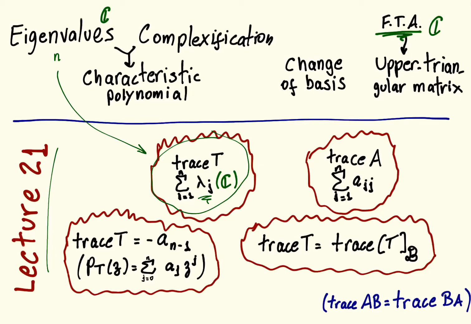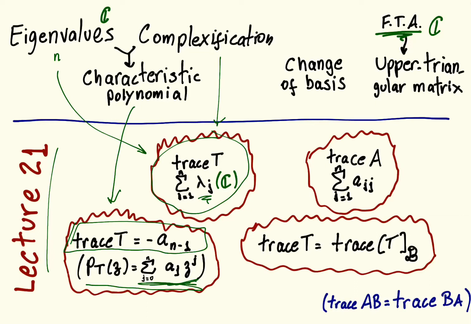For that we of course use complexification, and then we remember what the characteristic polynomial is, and we expand that product and see that the trace appears as a coefficient of the characteristic polynomial if we expand and write it as a sum of monomials explicitly.